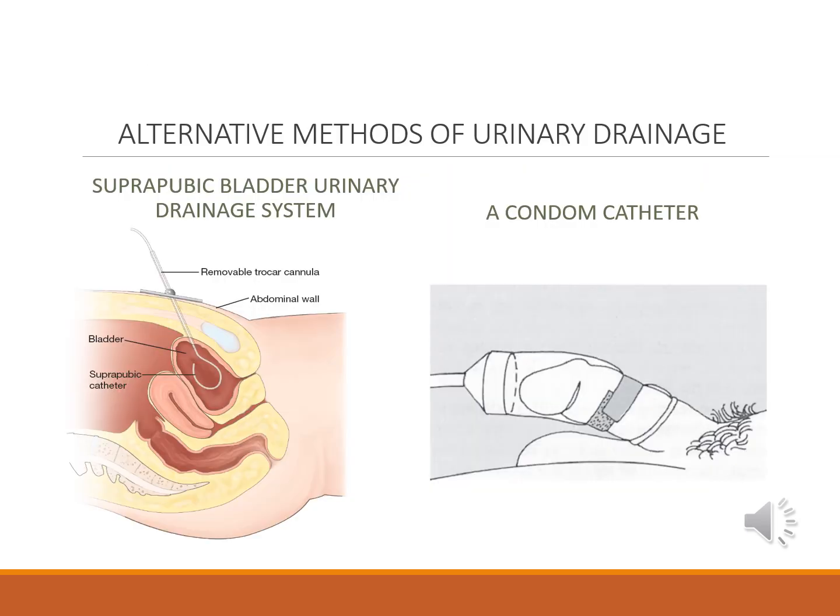There are two main methods of managing urinary drainage: the suprapubic catheter and the condom catheter. The suprapubic catheter is inserted directly into the bladder through an abdominal incision, often used after surgeries for chronic incontinence. It is attached to a closed drainage system and must be handled with care to avoid tension and maintain aseptic conditions.